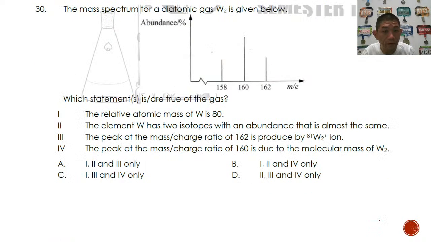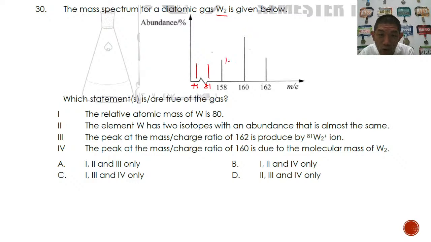Okay, then we have question number 30. The mass spectrum of the diatomic gas W is given below. Which statement about this is true? So you have the relative atomic mass of W is 80, and the peaks here are 158, 160, and 162. So don't forget this W: the isotopes are 79 and 81. Actually, W is bromine, 79 and 81.